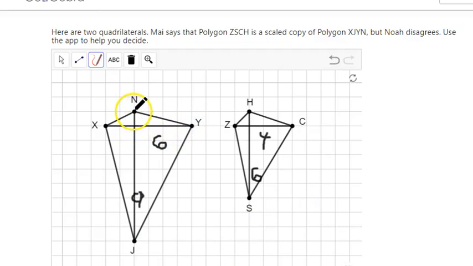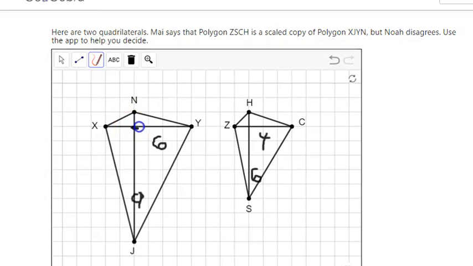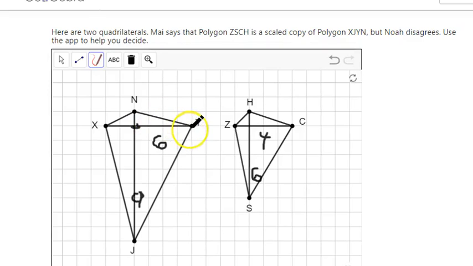Because look, if I look at this angle here with the N and the point where those two cross and the Y, that's a right angle, isn't it? Okay, so if this is true, then this triangle here should be a scaled copy of this triangle.